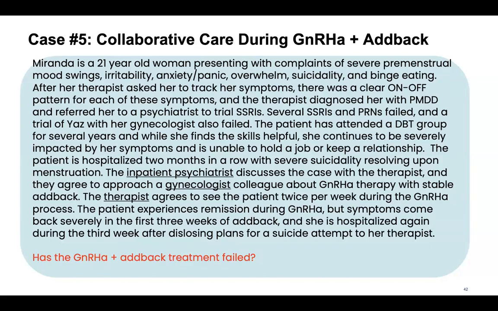The patient experiences remission during GnRHA, but the symptoms come back severely in the first 3 weeks of add-back, and she's hospitalized again during the 3rd week after disclosing plans for a suicide attempt to her therapist. So the question is, has the GnRHA plus add-back treatment failed if there was this resurgence in symptoms after 3 weeks that resulted in hospitalization?